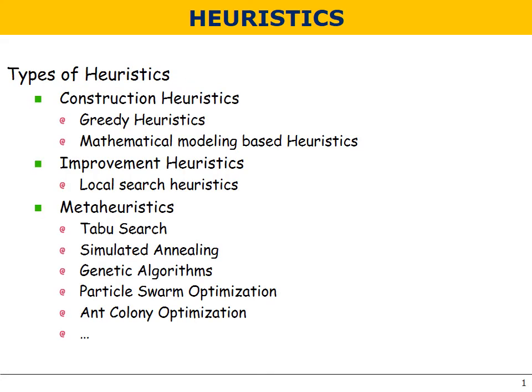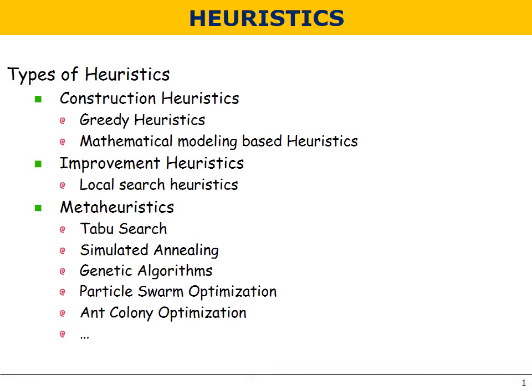So, when we consider heuristics, we can classify them into several categories. You may include some more categories into this classification, but mostly we can talk about construction heuristics, improvement heuristics, and meta-heuristic type algorithms.